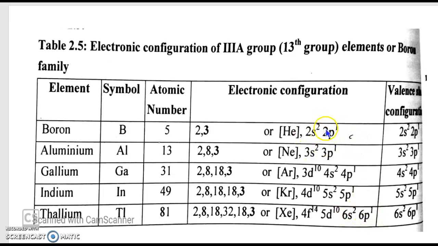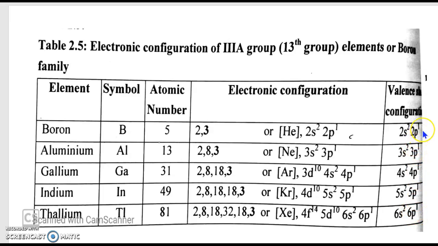These are the valence shell electronic configurations: 2s2 2p1, 3s2 3p1, 4s2 4p1, 5s2 5p1, 6s2 6p1.